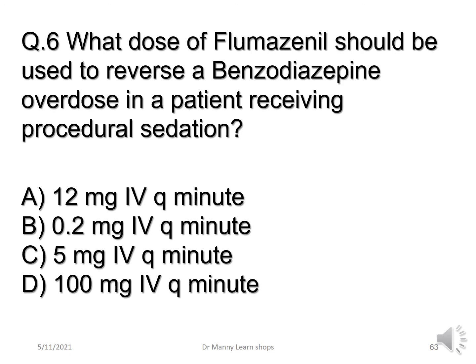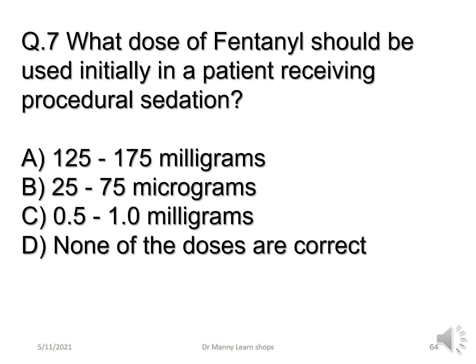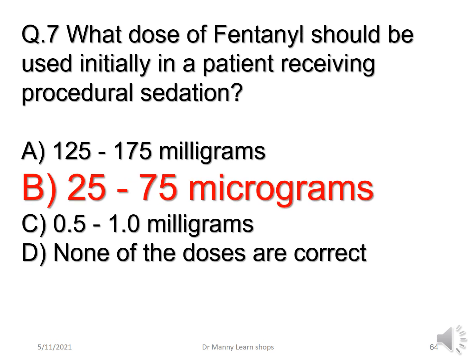The correct answer is 0.2 milligrams IV. What dose of fentanyl should be used initially in a patient receiving procedural sedation? A, B, C, or none of them are correct. The correct answer is B, 25 to 75 micrograms.